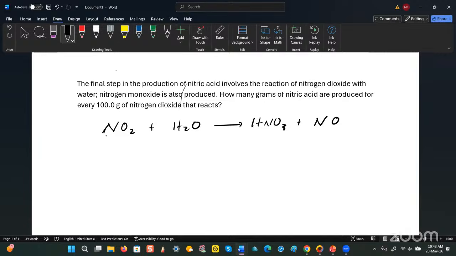Well, let's see here. We have one nitrogen here. We have two nitrogens here. So I'm going to put the 2 here. And then we have 4 plus 1, 3 oxygens. Okay, there are 2 hydrogens here, 2 hydrogens here. And then let's see now. 4 plus 1, 5. 2, 3, 6. Plus 1, 7. 2 hydrogen, 2 nitrogen.